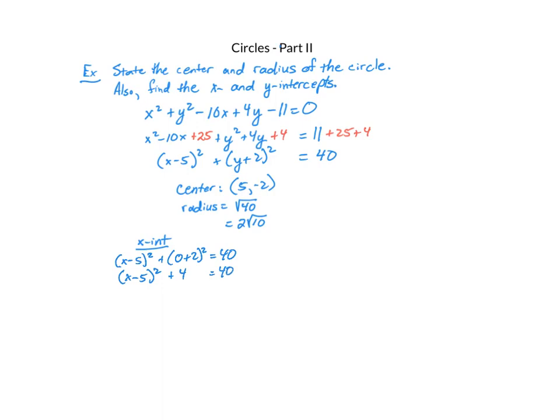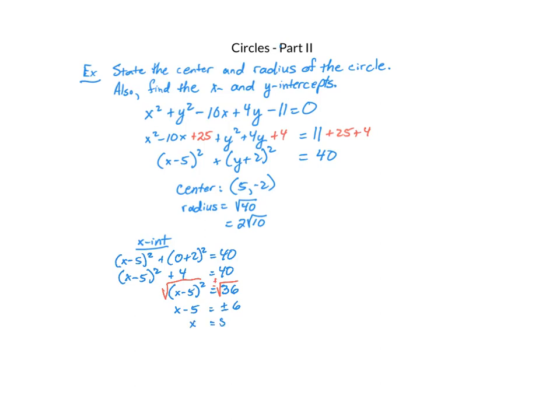Let's subtract 4 from both sides, and we'll have x minus 5 squared equals 36. When we take the square root of both sides, we'll have x minus 5 equals plus or minus 6, and add 5.